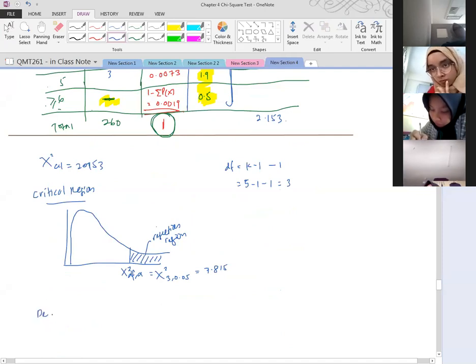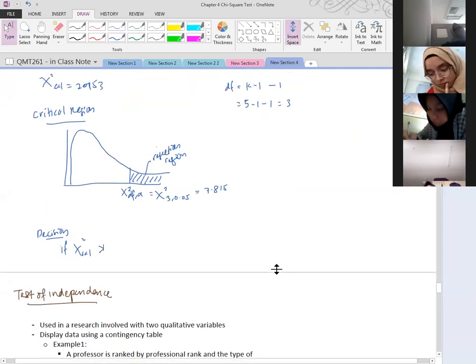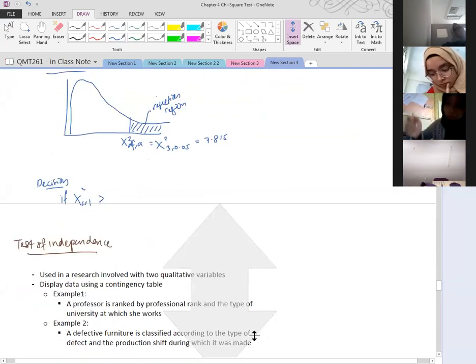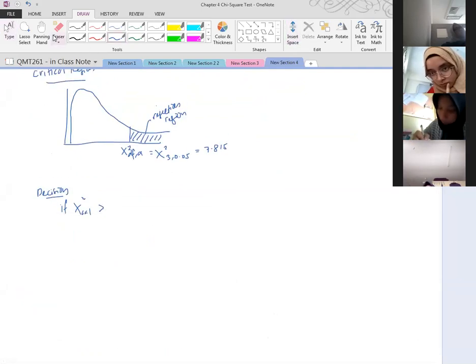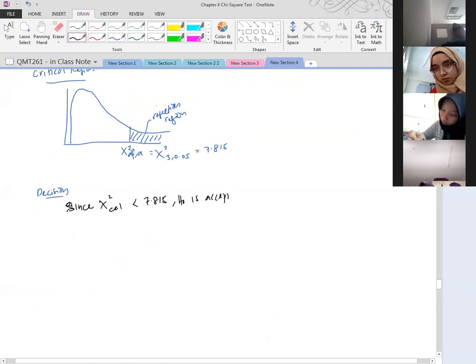So decision: since chi-squared calculated is less than 7.815, the null hypothesis is accepted.